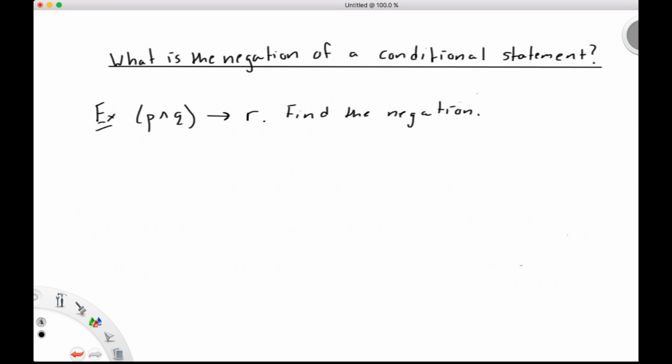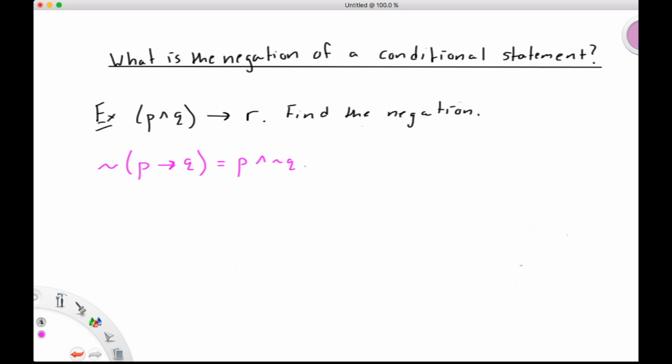This tends to feel a little bit trickier, but we want to keep that same principle in mind, that the negation of the statement P implies Q, right? So the negation of any conditional is going to be P and not Q.